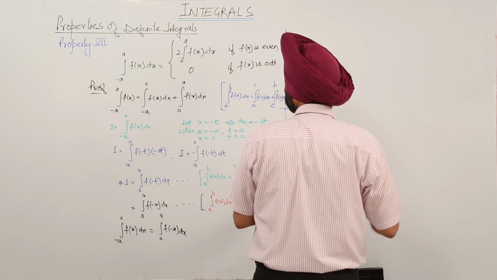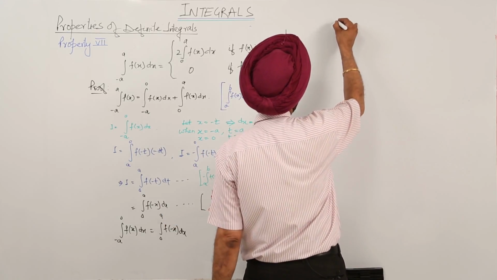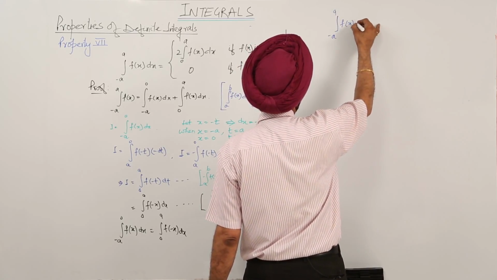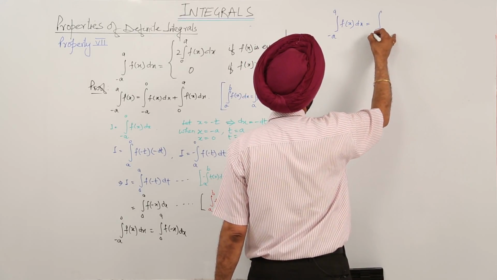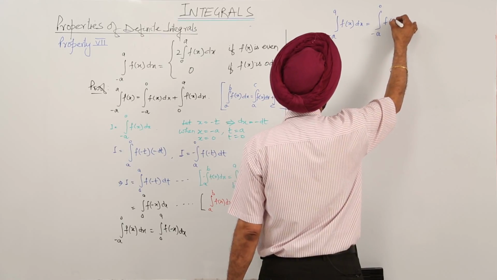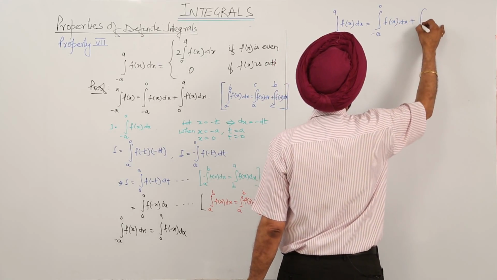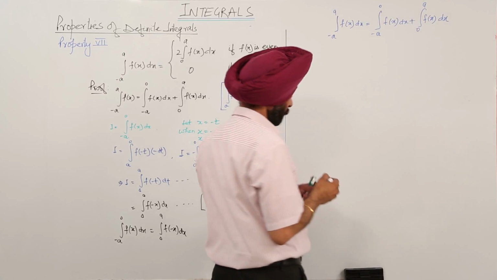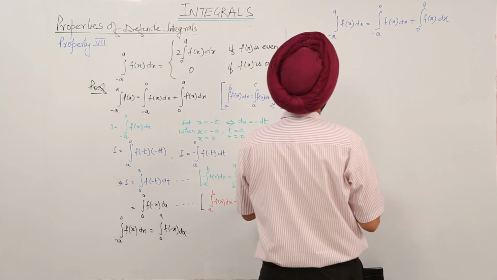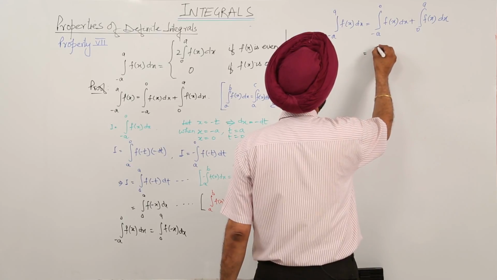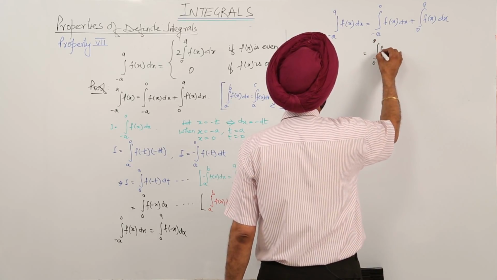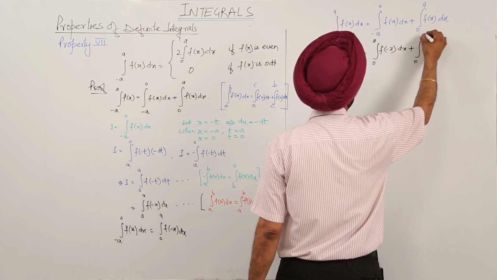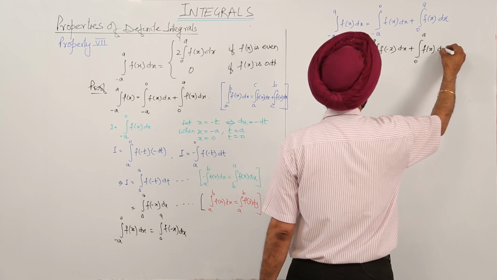Now our question becomes, what we have to prove. It was the integral from minus a to a of f(x) dx equal to the integral from minus a to 0 of f(x) dx plus the integral from 0 to a of f(x) dx, and this can be further written as the integral from 0 to a of f(minus x) dx plus the integral from 0 to a of f(x) dx.